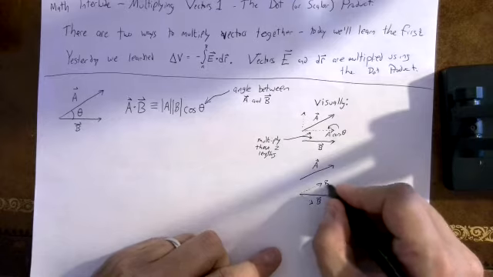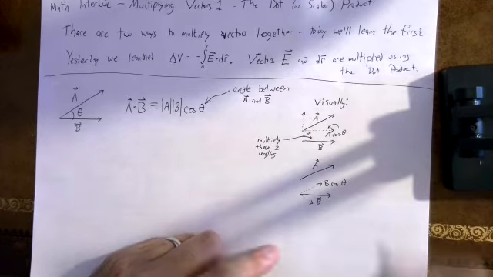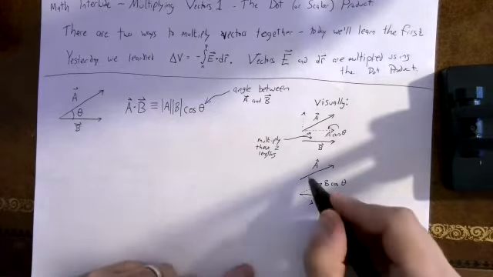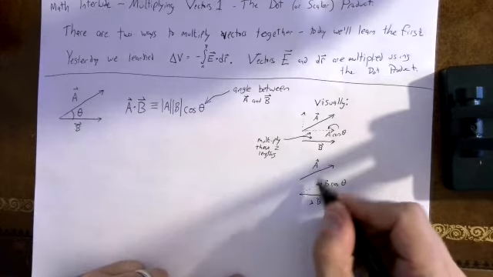And this here is B cosine theta. So the other way to visualize multiplying these two together is by these two lengths.